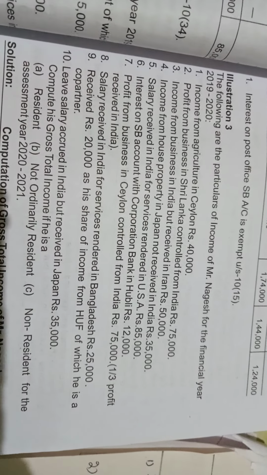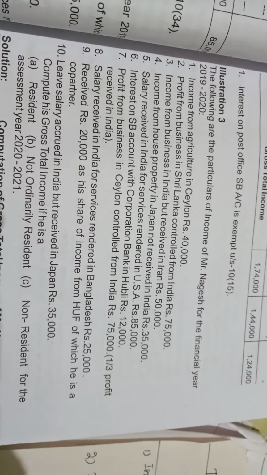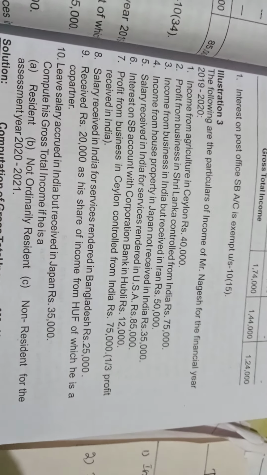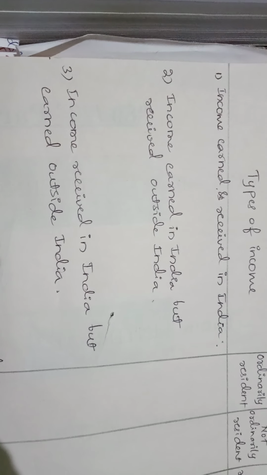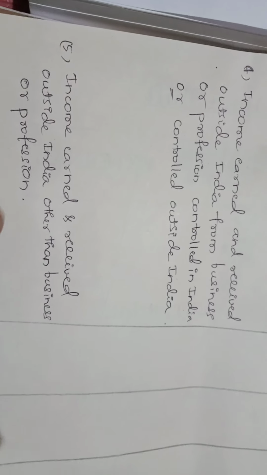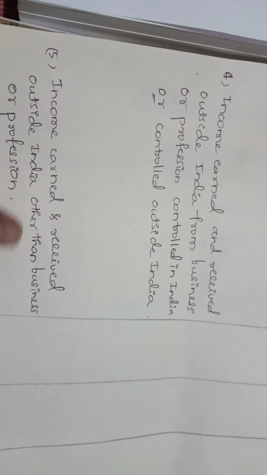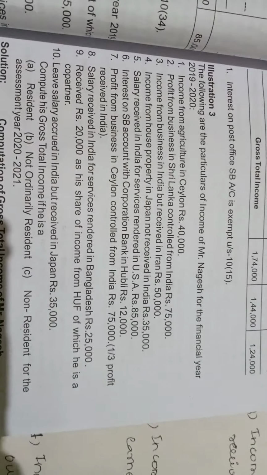That is why we treat it as income earned and received outside India only. When you go through the format, you need to check where there is income earned and received outside India other than business or profession. Agriculture income is other source of income only.